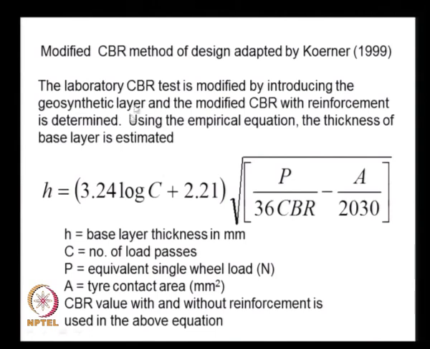And the units for all these quantities: H is in millimeters, P is the equivalent single wheel load in newtons, the tire contact area is in millimeter square, and the CBR values are in terms of percent, either 1%, 1, 2%, 2, 3%, 3, and so on.